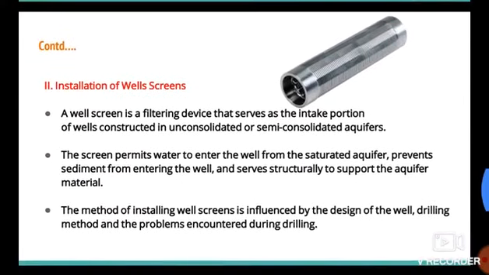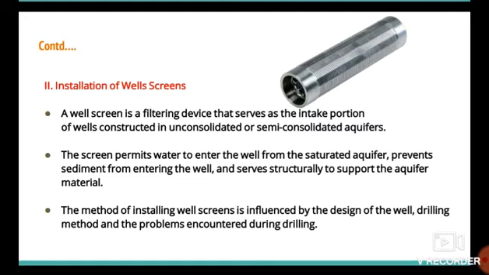After installing the casing, we have to install the well screens. Well screens are small diameter slotted pipes made of metals, which are placed at the bottom of the well for removing the debris from water and to filter the water into the well.